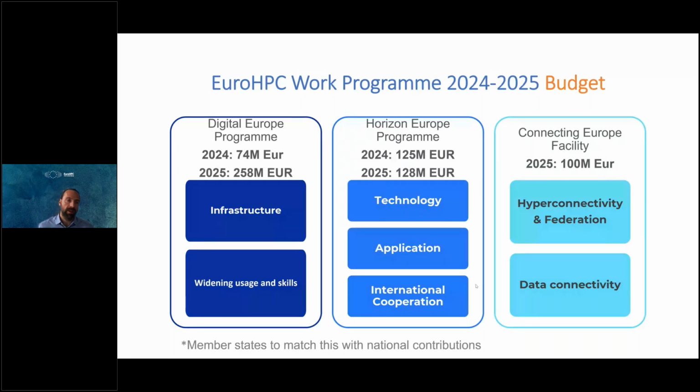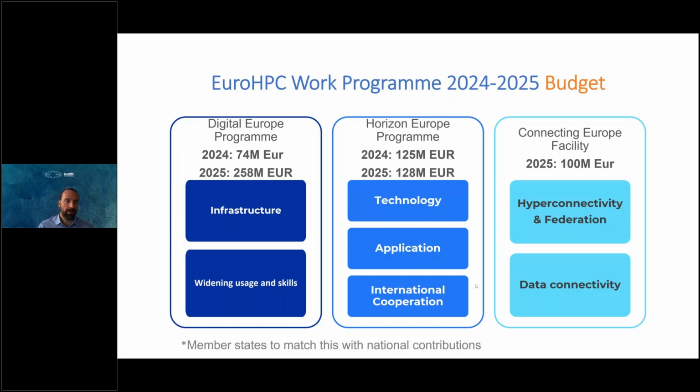So we have less, about 75 million in next year, and expect a very significant contribution in 2025. Similarly, we receive funds from the Connecting Europe facility for 2025. The plan is about 100 million to implement our activities in the area of hyperconnectivity, federation, data connectivity. So all this obviously needs to be matched by national contributions in most activities.